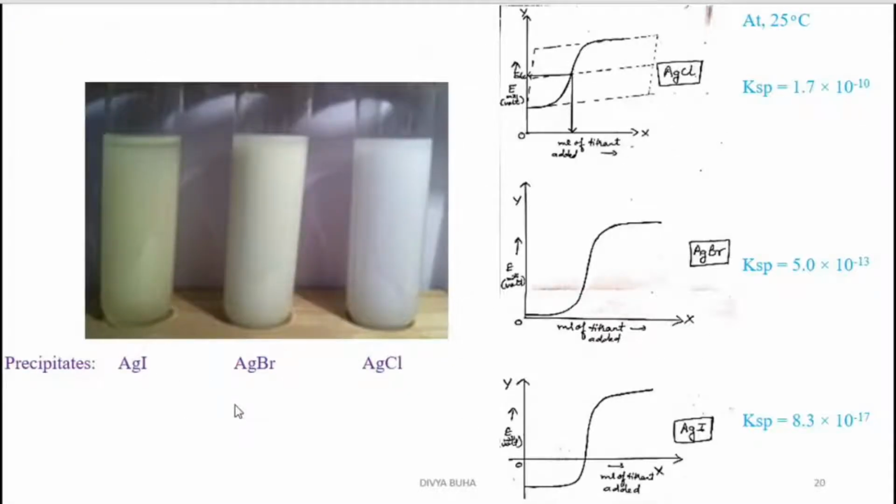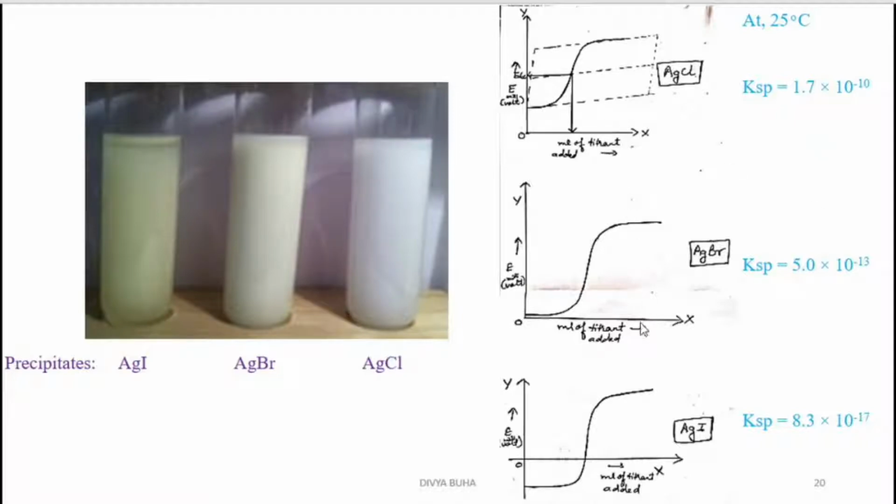If you are titrating KBr against AgNO3, you will be getting slightly yellowish precipitates of AgBr. And if you are titrating KI against AgNO3, then you will be getting more yellowish precipitates of silver iodide. In this way, you can find out the solubility product of silver chloride, silver bromide and silver iodide. The process would be the same for all of these.